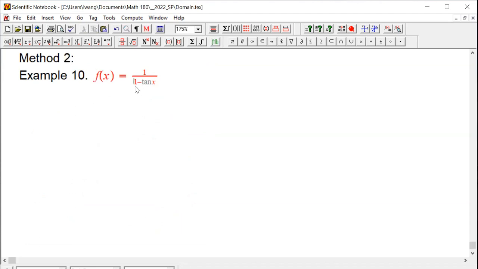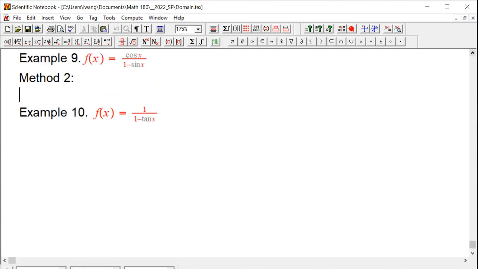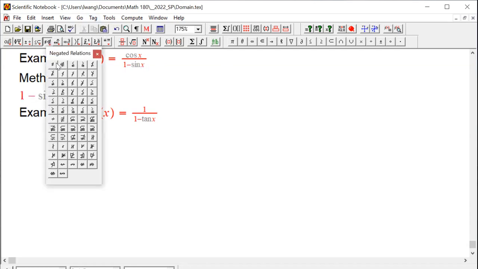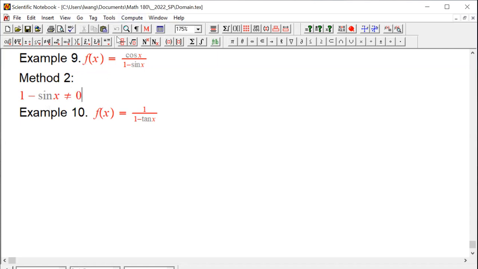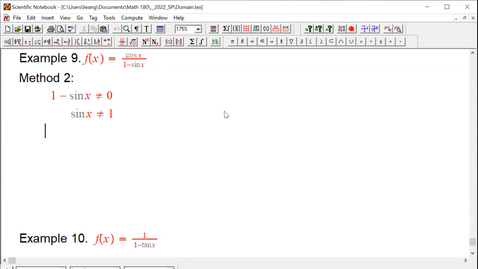It's that you set up 1 minus sine x not equal to 0. That's the only difference. And then you go about solving this inequality. The whole time you're thinking, I need to find those values, sine of x not equal to 1, right? So you're thinking the opposite of it.